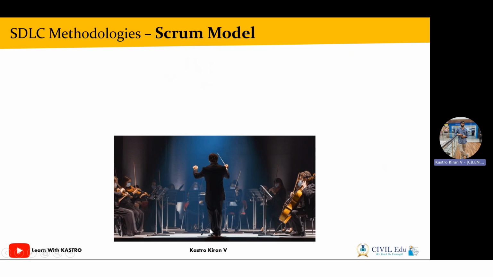Now there will be one person who is called a conductor. This guy is called the conductor. Now, what is the role of this conductor whenever an orchestra is being practiced or composed? The role of the conductor is to ensure whether all the team members are working within the time scale and within the equal modulation or not. That's the role of the conductor.